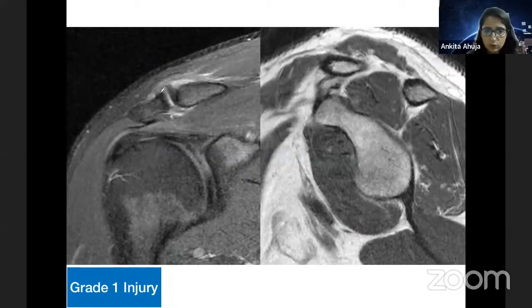So this patient, you can ask me one simple question once I'm showing you this. The question would be, how can you tell that this is not chronic acromioclavicular joint loading? Because this same kind of picture I showed you for chronic acromioclavicular joint loading in the initial stages.